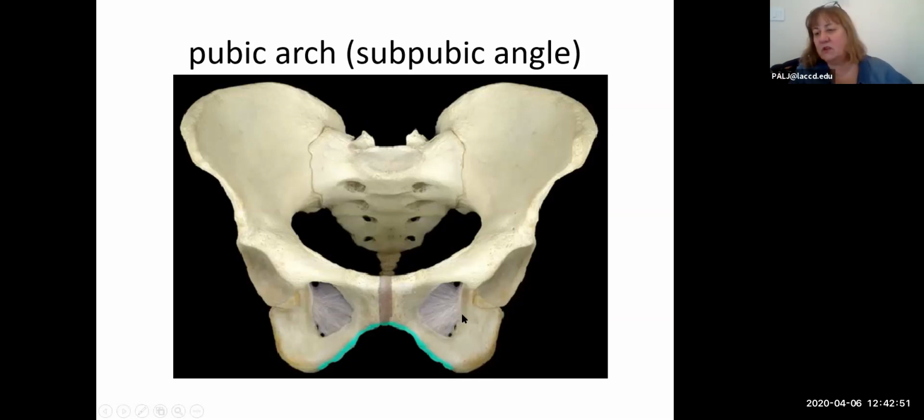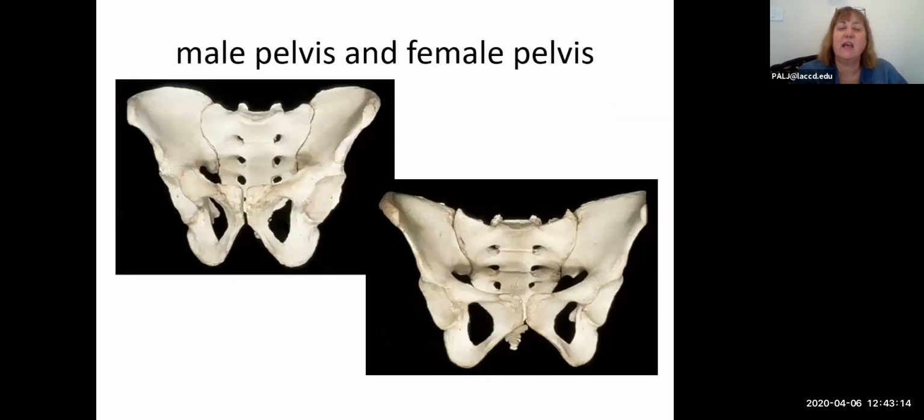And basically what we do is we look at it, kind of turn it, and you decide, is it 90 degrees or is it bigger than 90 degrees? Typically 110 degrees. And this is the easiest, fastest way for determining if this pelvis belongs to a female or a male. So here's an example of both of them on the same slide.